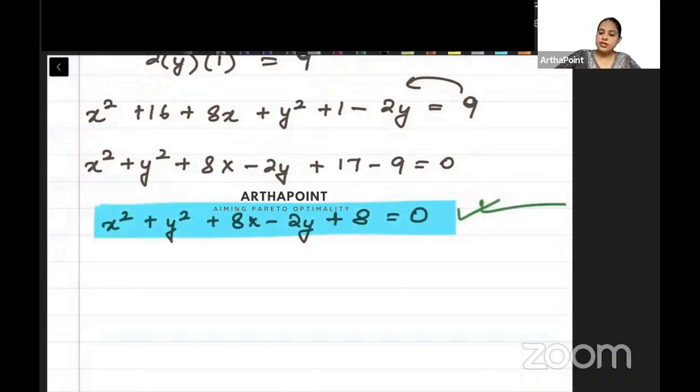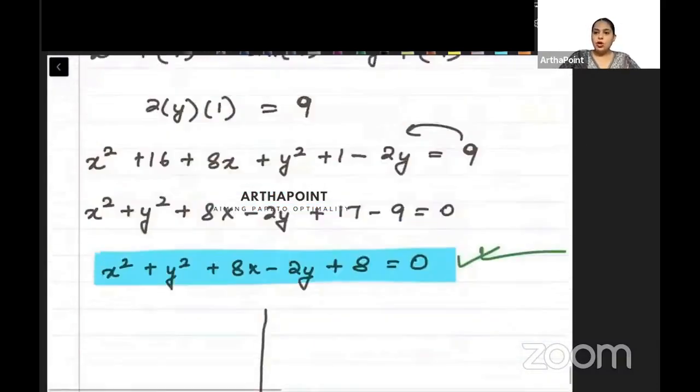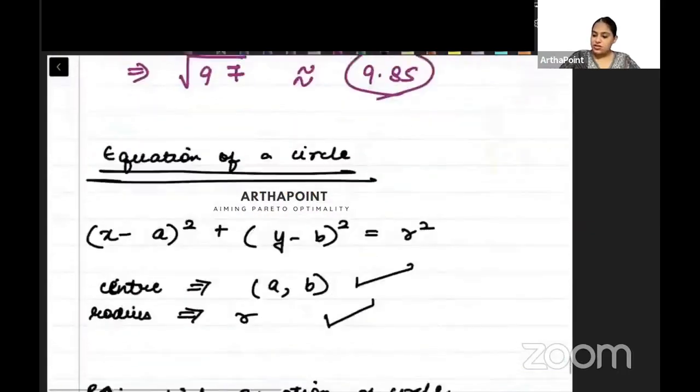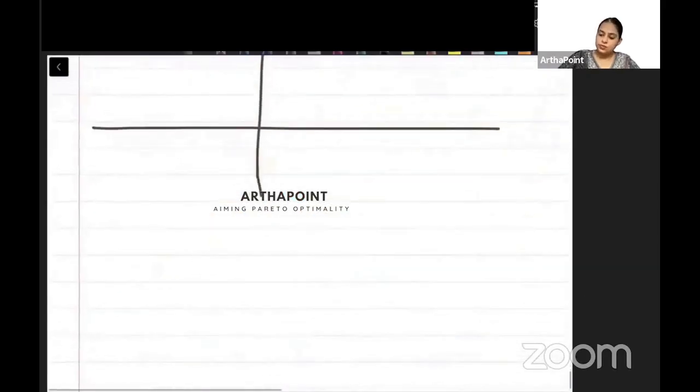How can we plot this, beta? What is the center of your circle? The center of the circle is (-4, 1). So -4, -1, -2, -3, -4, 1. This is the center of the circle.